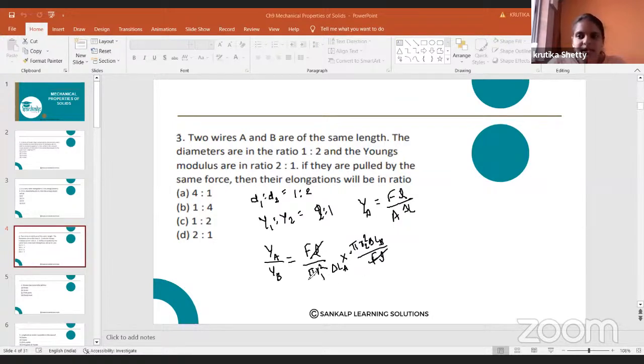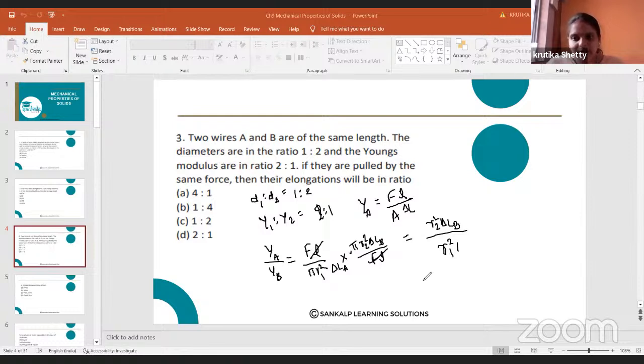Pi is a constant, that will also get cancelled here. So you are left with only your radius and the change in length, that is R2 square into delta LB upon R1 square into delta LA.